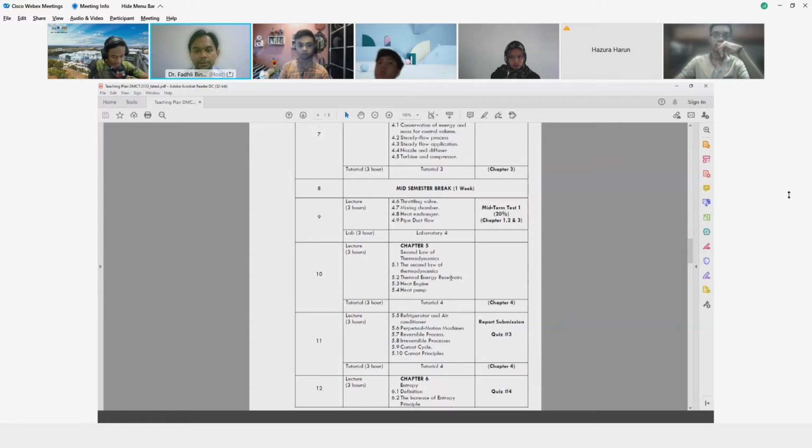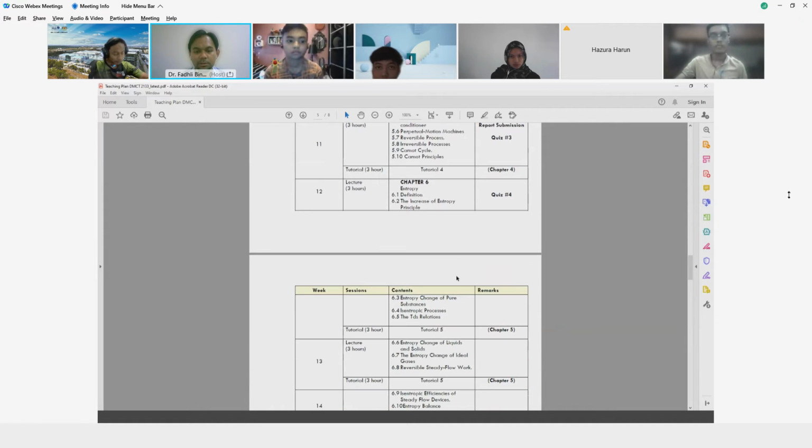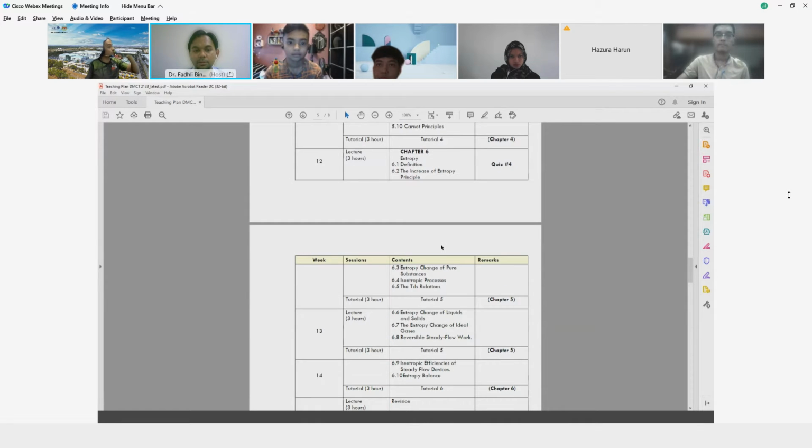Hopefully we can follow this schedule, but based on my experience for thermodynamics, we can cover all of the 6 chapters probably during week 10 or 11. The rest, focus more on exercises.